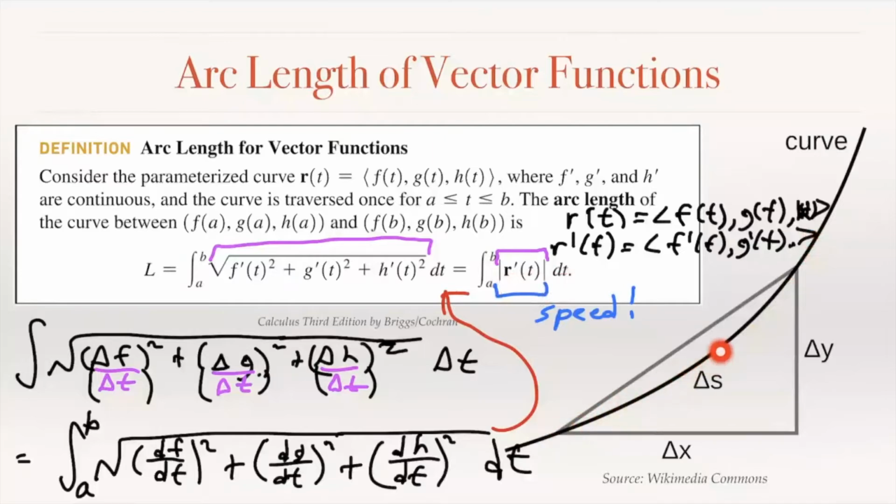Adding up all of those little changes in magnitude over the entire curve winds you up with the length of it, like a chain that you're straightening out. Each little chain link is a change in magnitude.